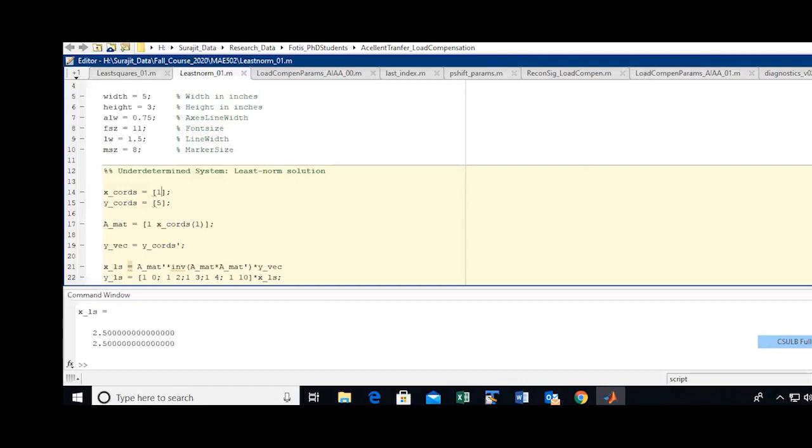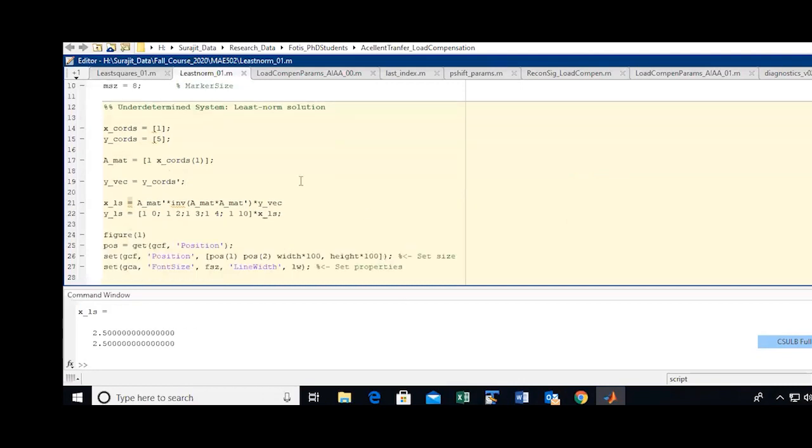Professor, in the code, where do you specify the polynomial? No, I don't specify a polynomial. I specify this A matrix. So instead of saying that I have a straight line, I just specify the size of the matrix. Oh, okay, so we'll have to just add another column if we have a polynomial. Yes.